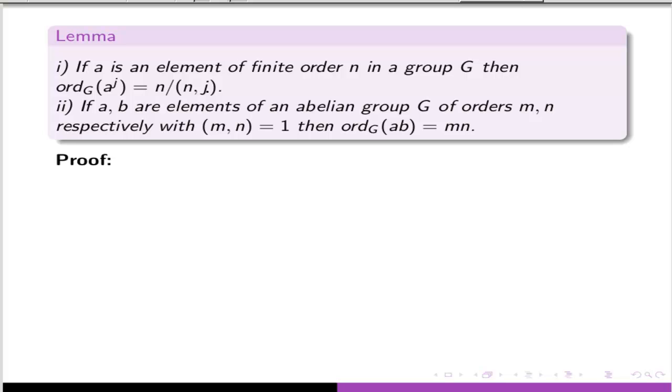So if j was relatively prime to n, the order would still be n. And the second part to the lemma is if A and B are elements of an abelian group G of orders that are relatively prime, then the order of the product is the product of the orders.